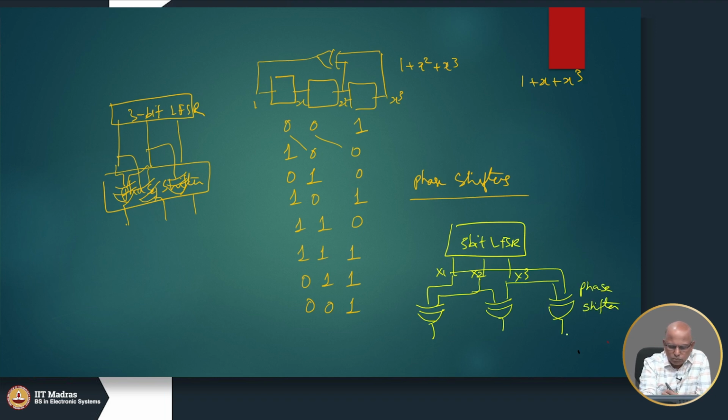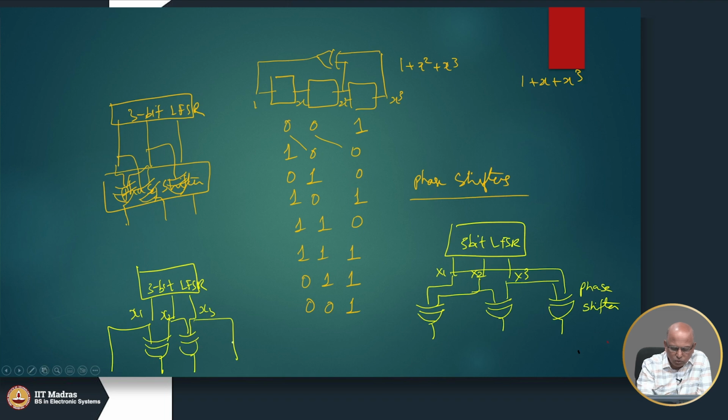Another phase shifter could be, this could be a 3-bit LFSR. So we can take x1, x2, x3, and this x1 we take as it is, x2 we take as the XOR of these two guys, and x2 and x3 we take it here, right, and this x3 comes as it is.